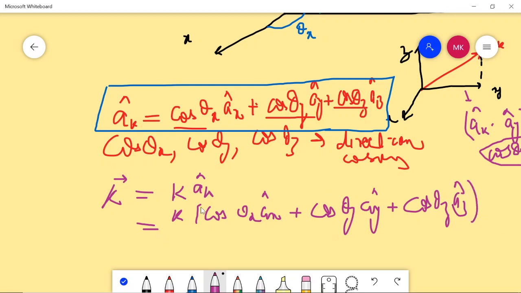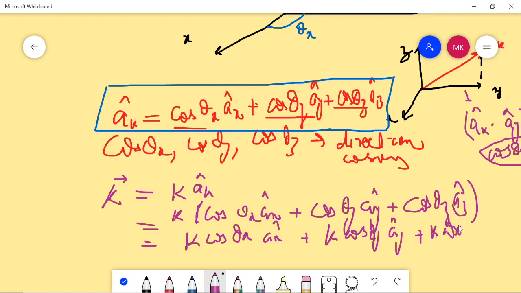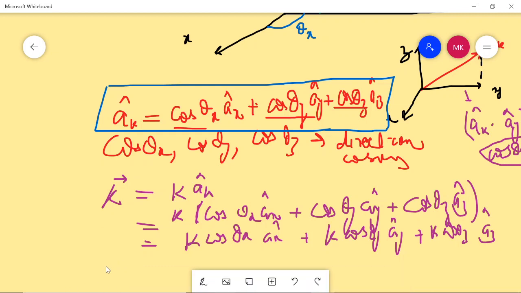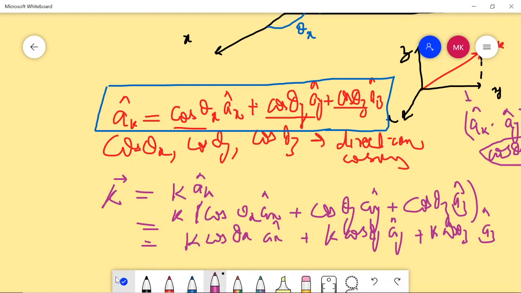This is how you can compute. So this will be k cos theta x ax plus k cos theta y ay plus k cos theta z az. This is the k vector.